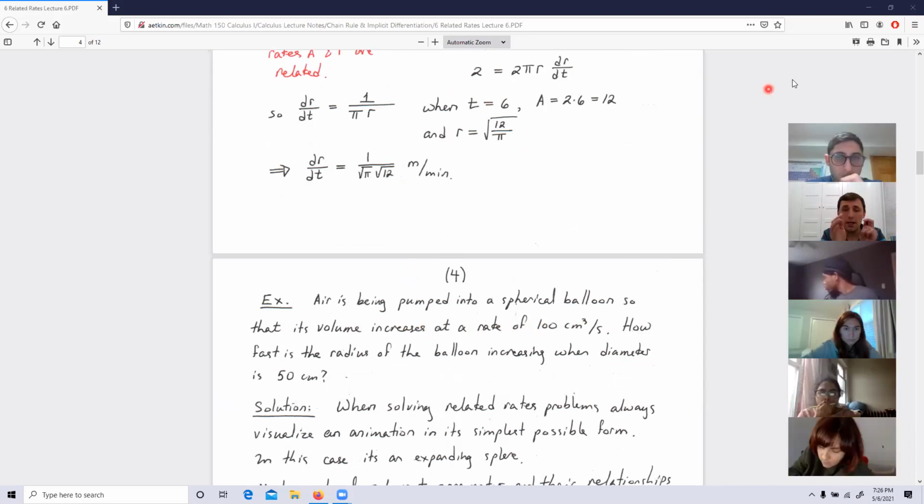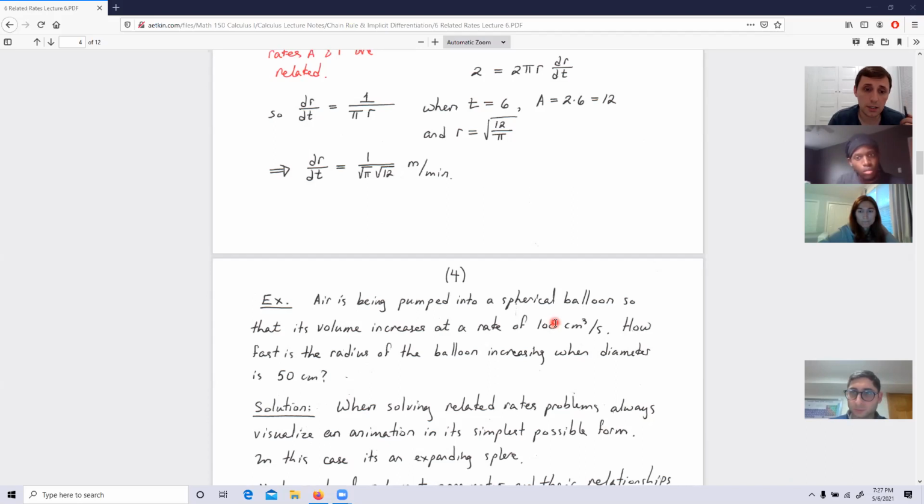What does it mean? In each second, the volume contains an extra 100 cubic centimeters. In half a second, it will contain an extra 50. You understand, guys? It's uniform, in such a way that in 1 second you get an extra 100.